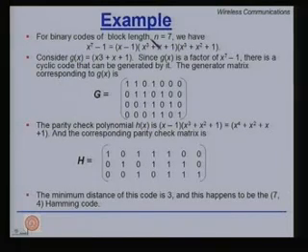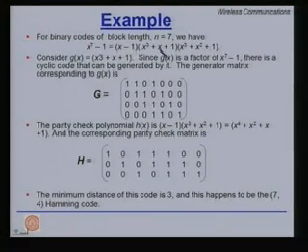Let us look at an example. For binary codes of block length n equal to 7, and that is all I need to specify. Once I say block length n equal to 7, find for me the cyclic codes. All I have to do is take x raised to 7 minus 1 and factorize it, which I have done here. There are 3 factors.